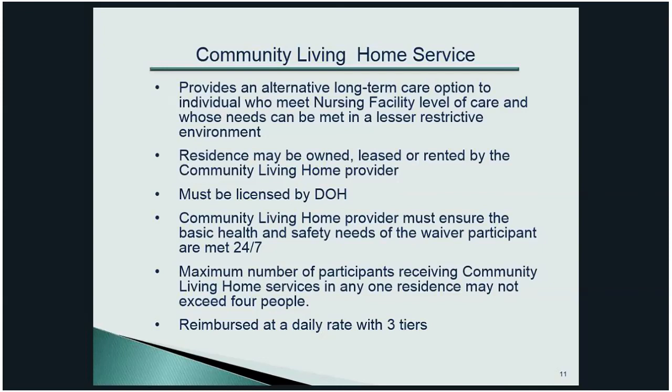The maximum number of participants receiving community living home services in any one residence may not exceed 4 people. And they're reimbursed at a daily rate that has 3 tiers dependent on acuity and behavior. These are very similar to how an assisted living is structured, just on a much smaller scale.